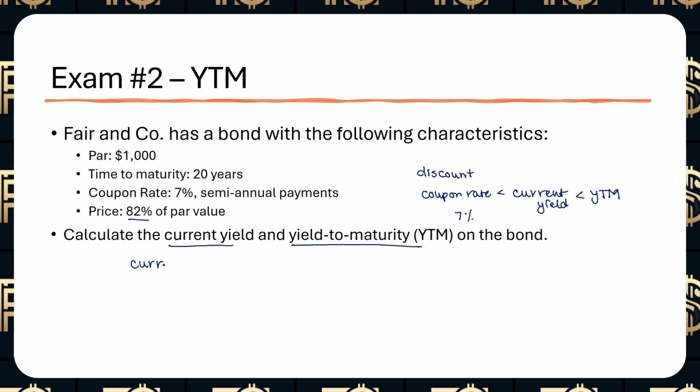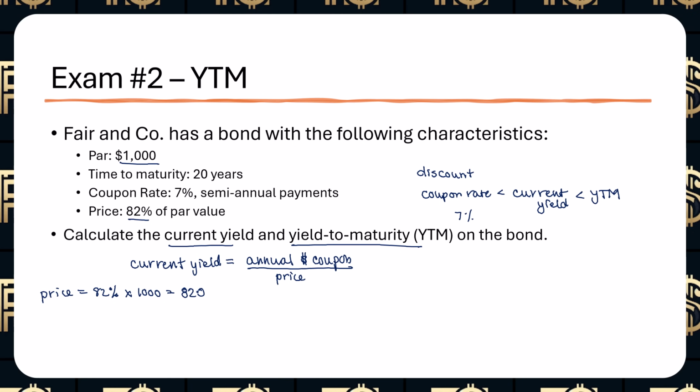Remember that the equation for the current yield is the annual dollar coupon divided by the bond's price. The price of the bond here is stated as a percentage of par value. We know that the par value is 1,000, so we'll go ahead and calculate the price over here. We know it's 82% of the $1,000, so that's $820 is the current price of this bond.